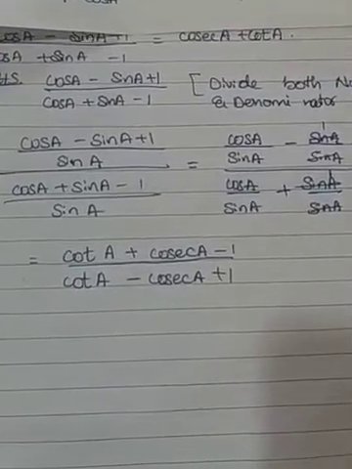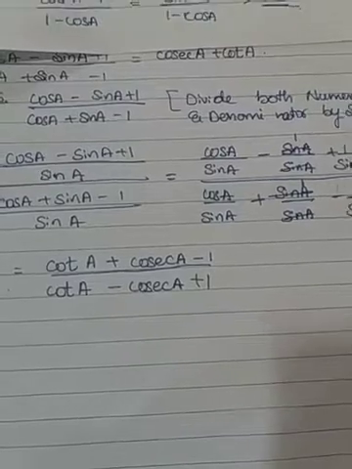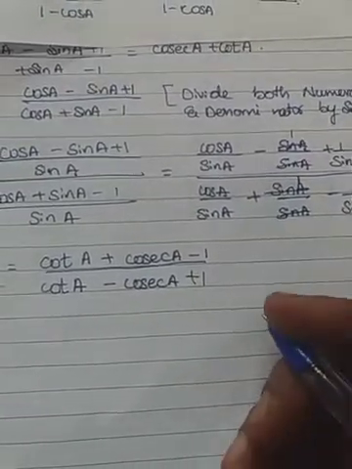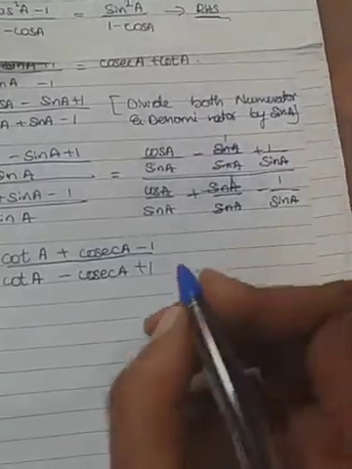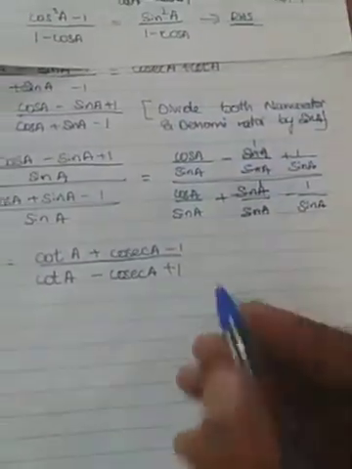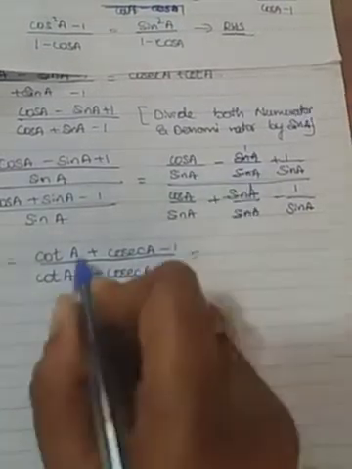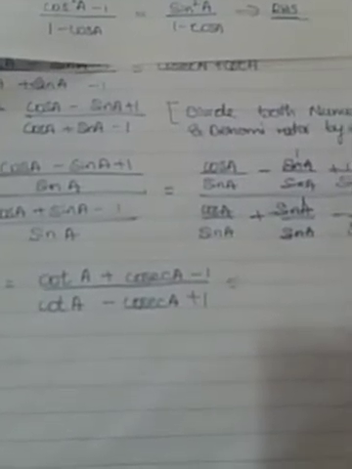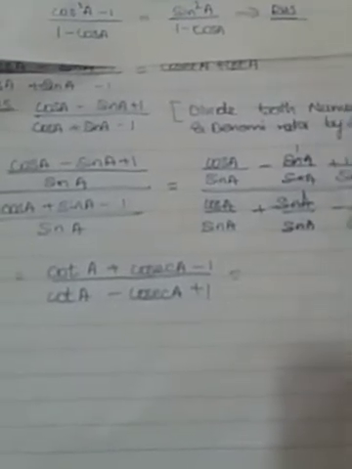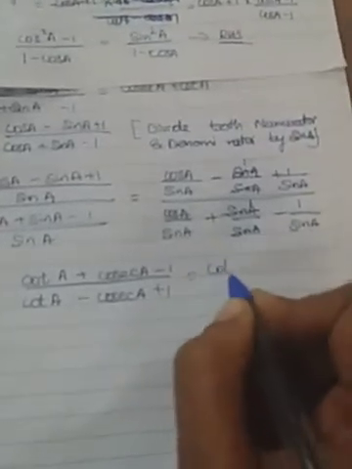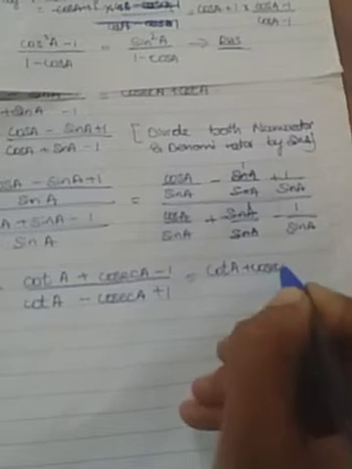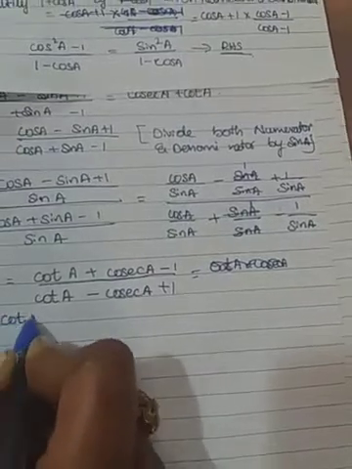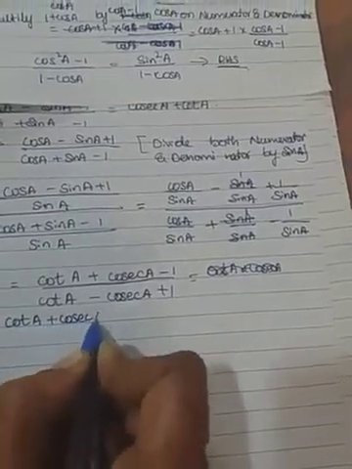Okay, next step is, if you have taken cot A plus cosecant A minus 1 divided by cot A minus cosecant A plus 1, we can write this as cot A plus cosecant A, and write it as it is.